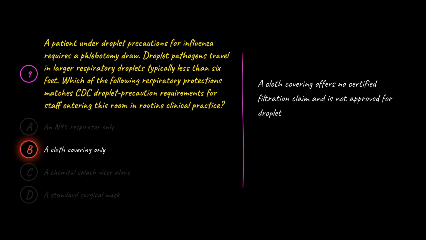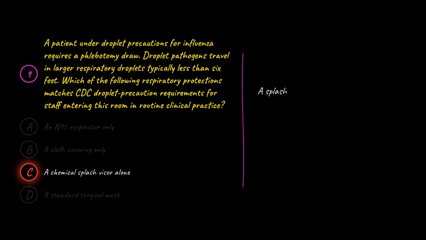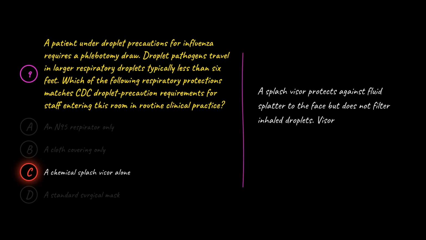Healthcare encounters require regulated face protection, and cloth coverings lack the minimum filtration performance required for occupational respiratory droplet protection in clinics. C is wrong because a splash visor protects against fluid splatter to the face but does not filter inhaled droplets. Visors complement masks rather than replacing them, and using a visor alone leaves the airway unprotected during droplet exposure encounters with patients.